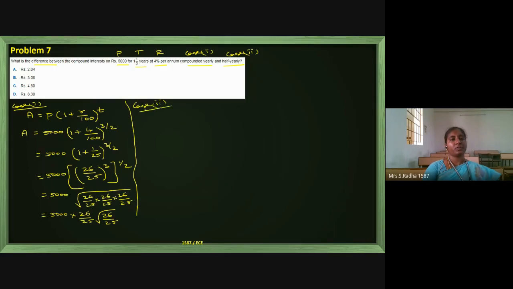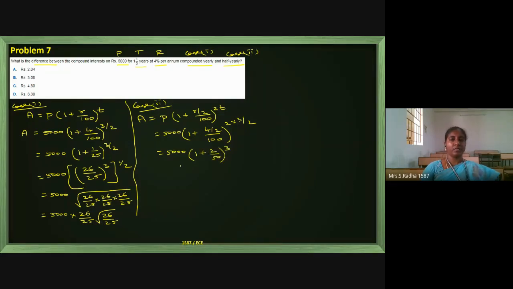I am going to case 2. It is a half yearly calculation, so the formula is whole power 2t. Now this is 5,000 into (1 plus the rate of interest, which is 4 by 2) whole power 2 into 3 by 2. So this is 5,000 into (1 plus 2 by 100) whole power 3.